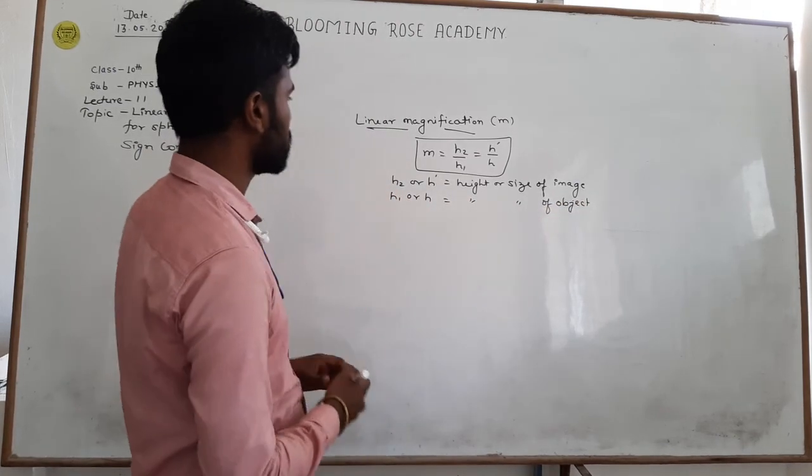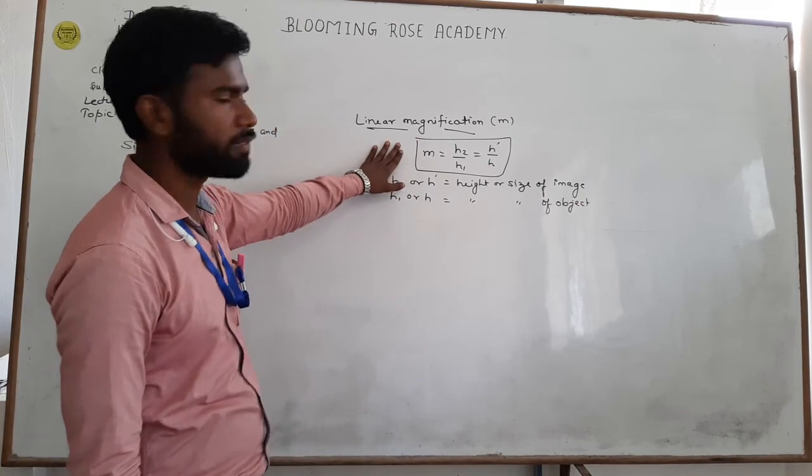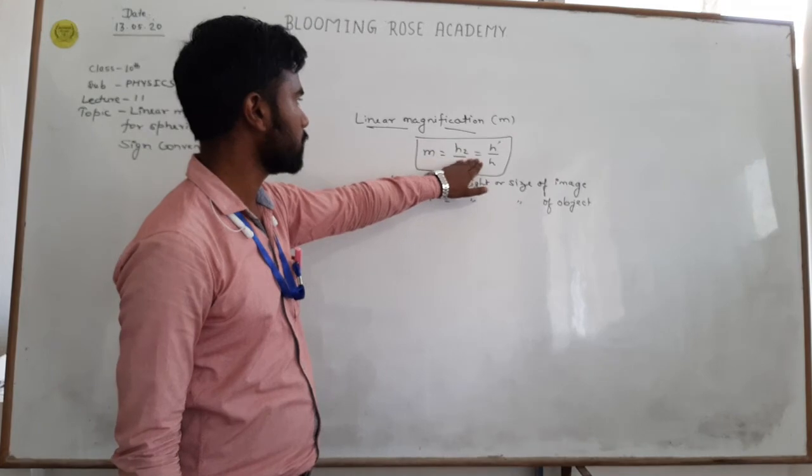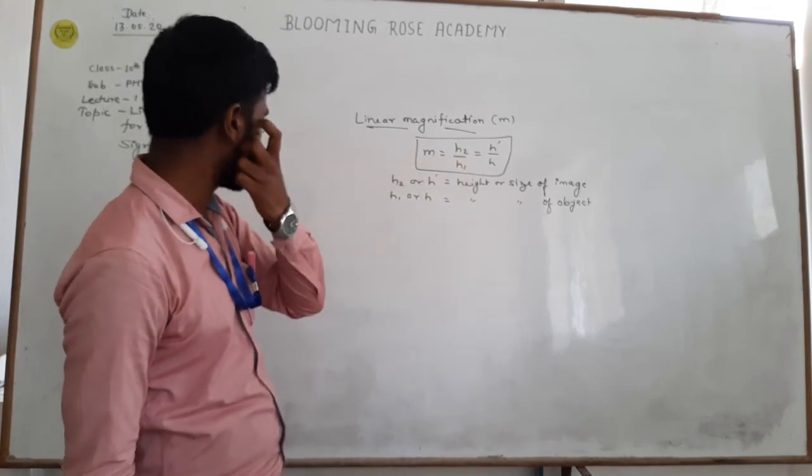So we define linear magnification as the ratio of height of image to the height of object.